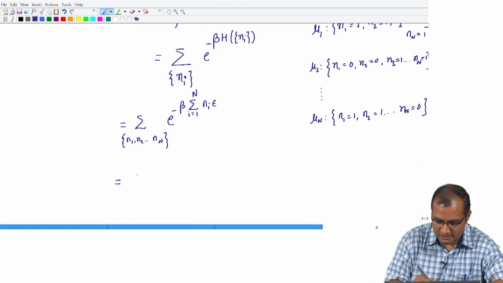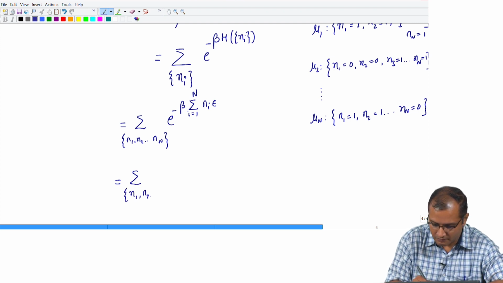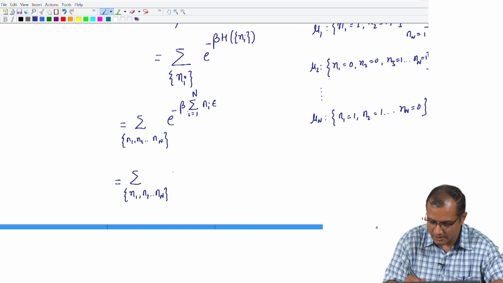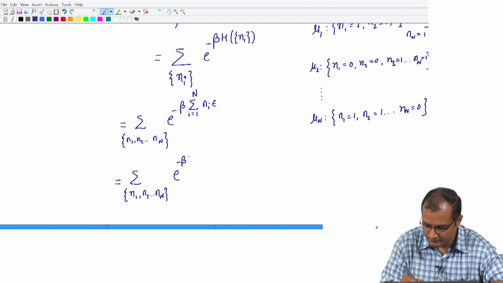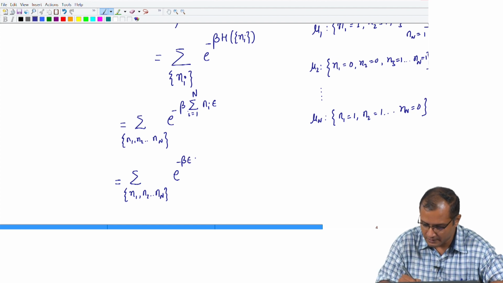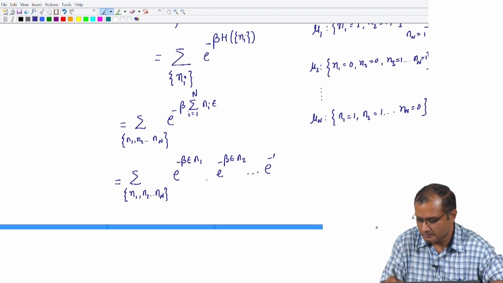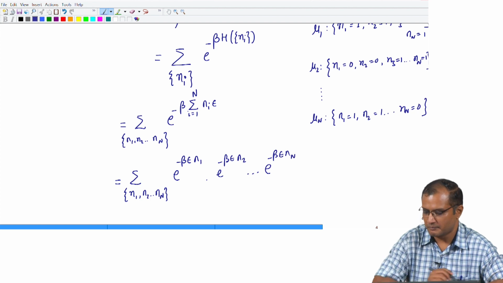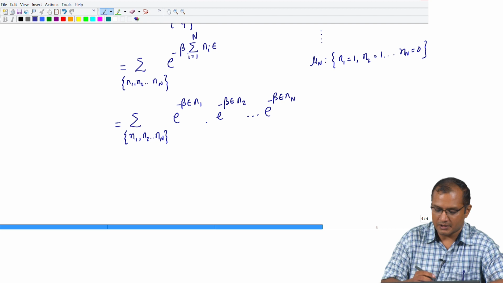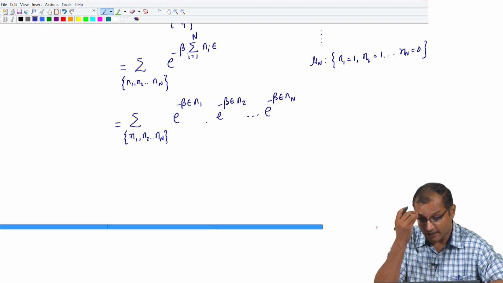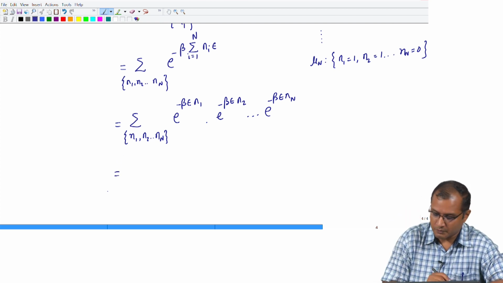So, I can write this as summation over all possible values, this will be nothing but e raised to minus beta epsilon n1 into e raised to minus beta epsilon n2, fine, because you have powers added up in the exponent. So, you have the n_i's added up in the exponent, it splits up into products.